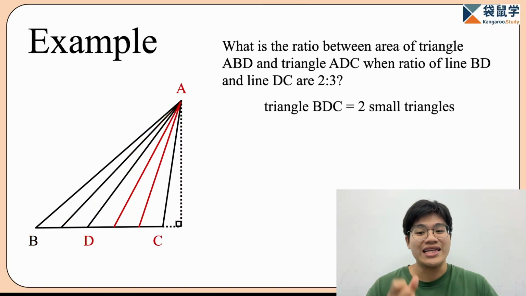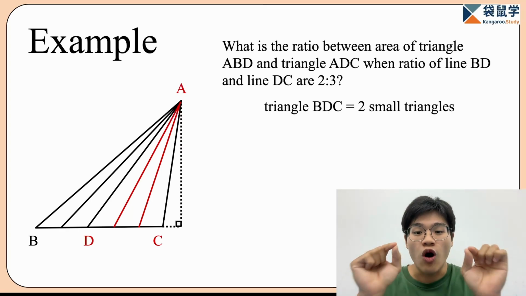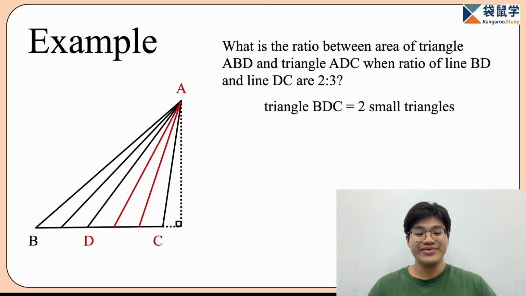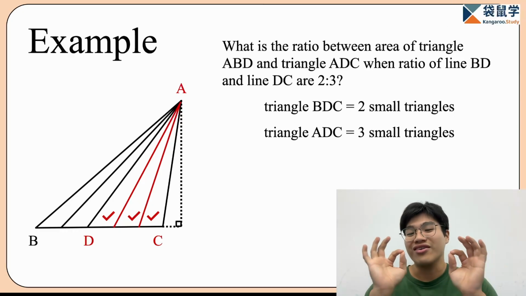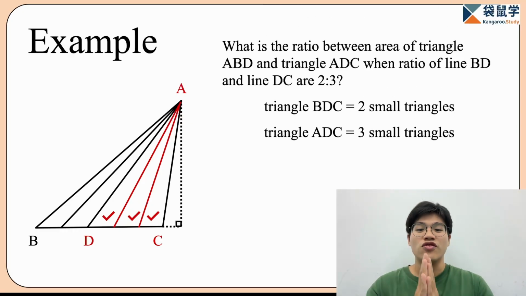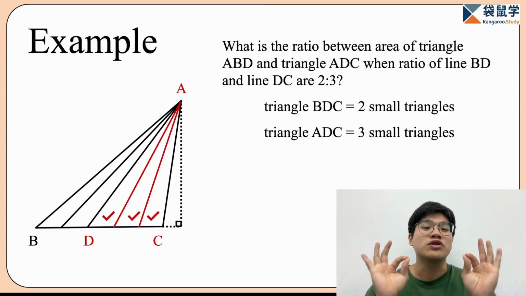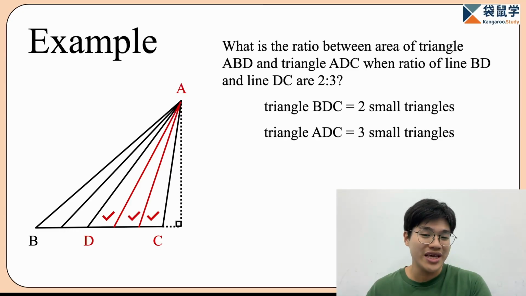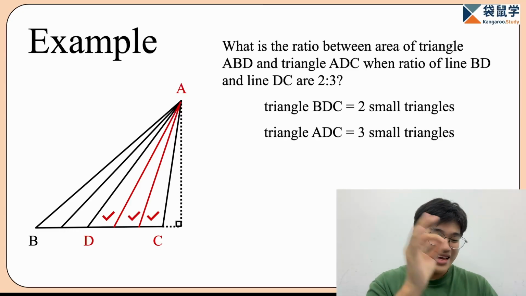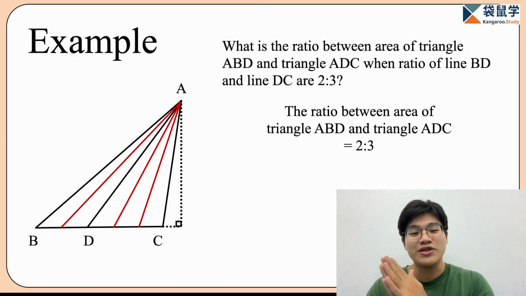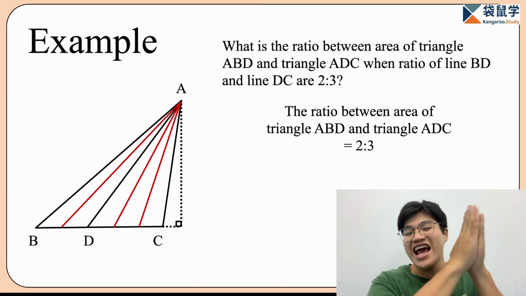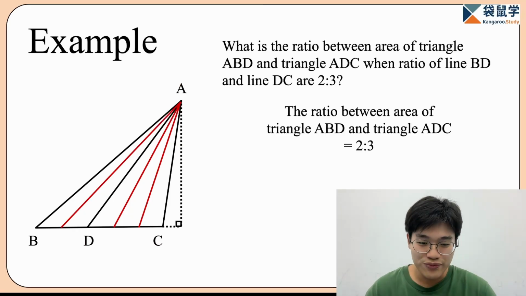Now with triangle ADC, how many small triangles does it include? It includes 3 small triangles. Let's write it down here. With this information, can we know the ratio between the area of triangle ABD and triangle ADC? Yes, the ratio between the areas equals 2 to 3.